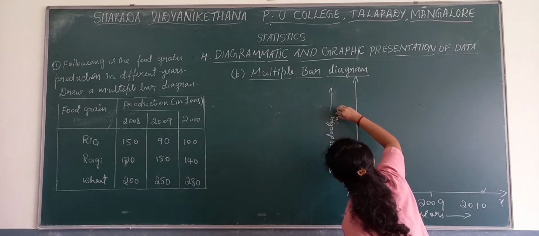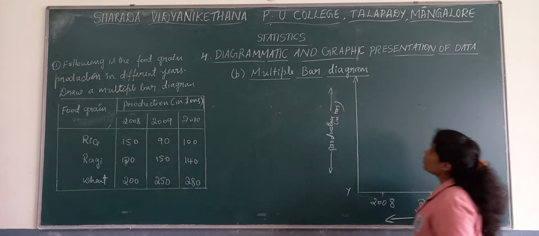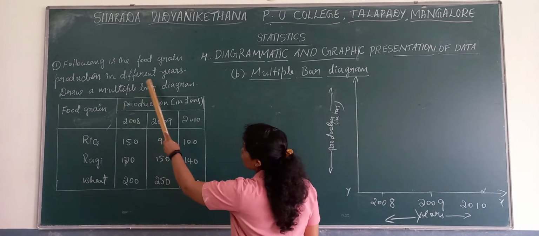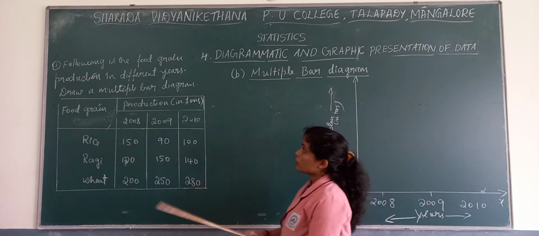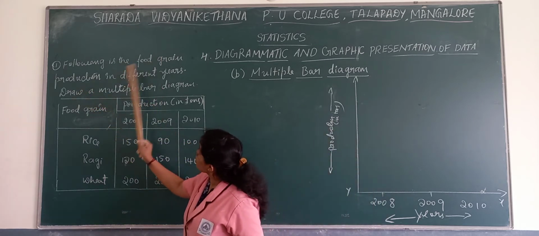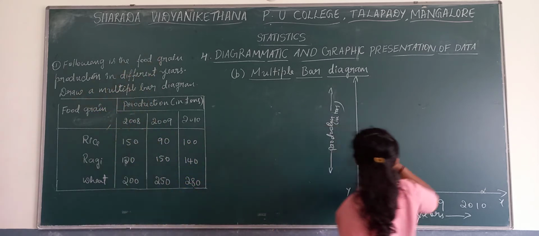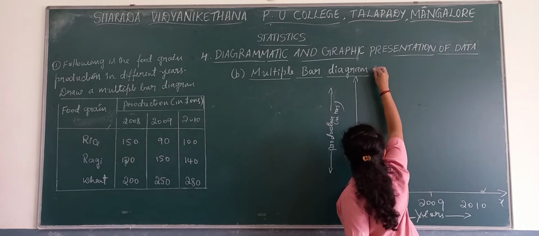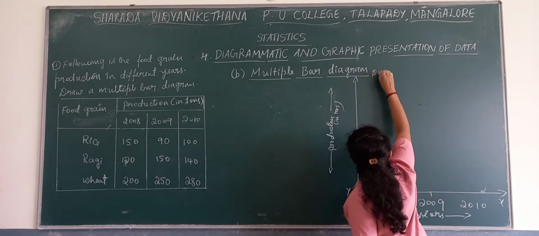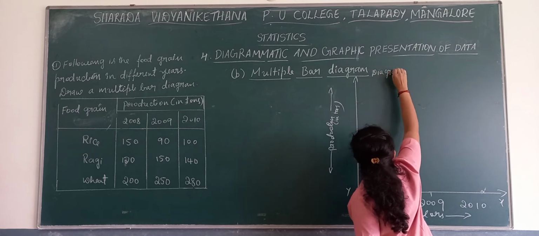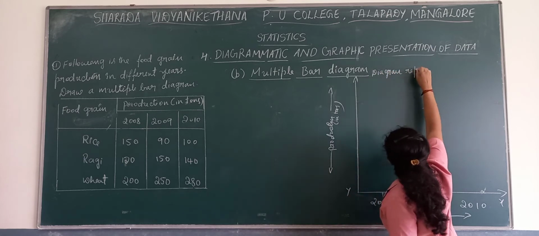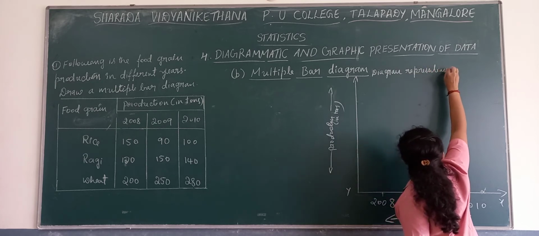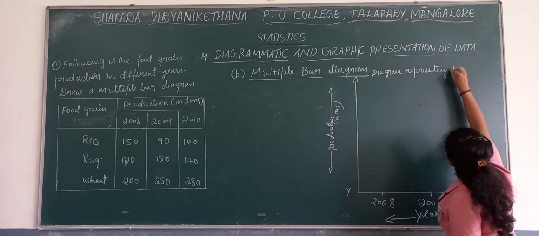Before that we need to give the diagram heading. The diagram is about food grain production in different years. So the diagram representing food grain production.